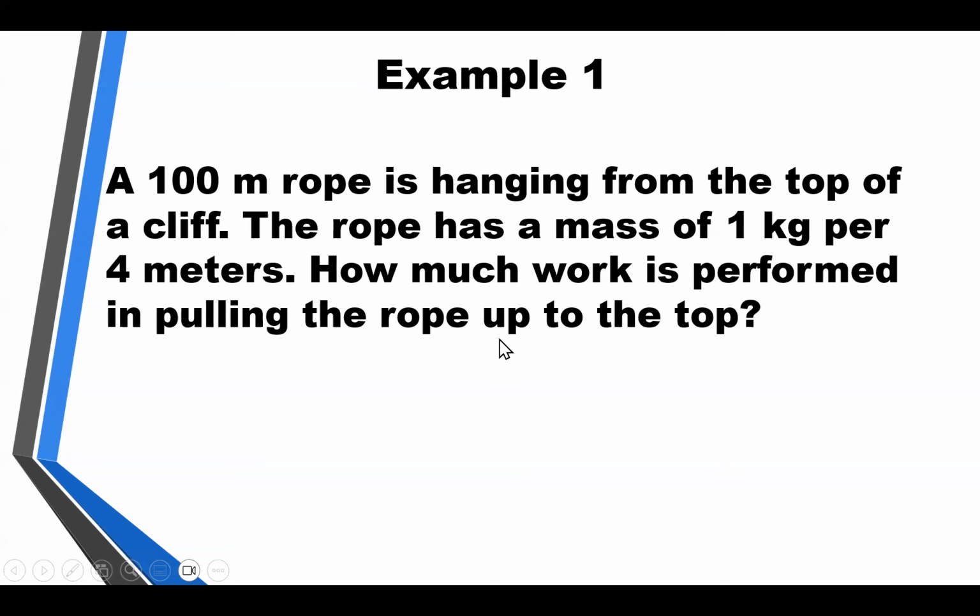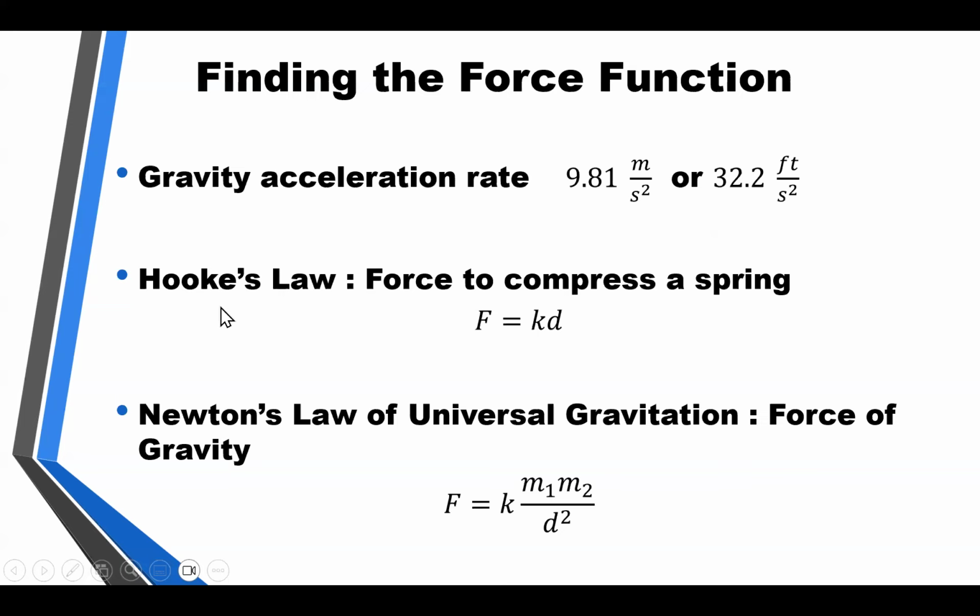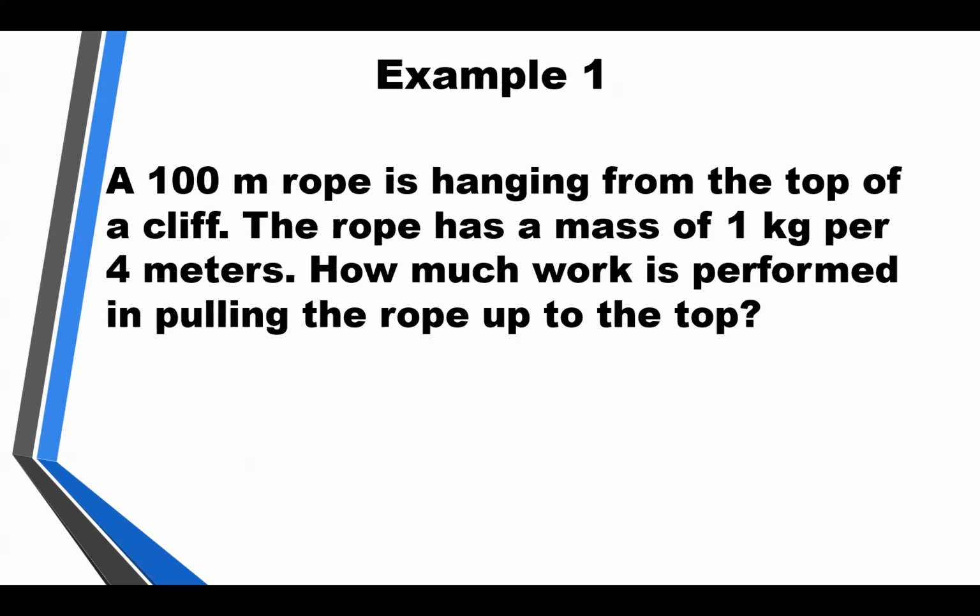In this example, we're not talking about a spring. We're not talking about universal laws of gravity. Basically, we're talking about as I pull the rope up, how much force do I need to apply at each point? If 100 meters of rope is hanging down, then the rope is going to feel heavier and it's going to take more force to pull it up.